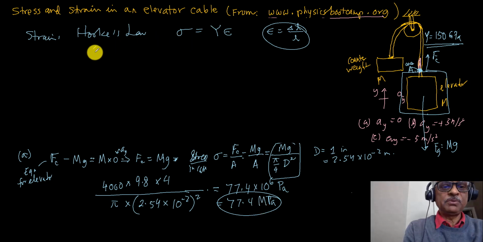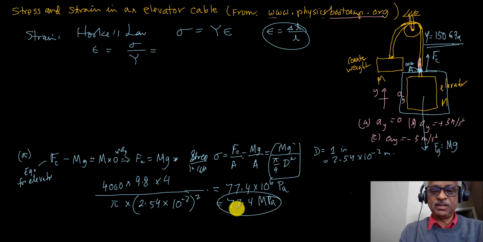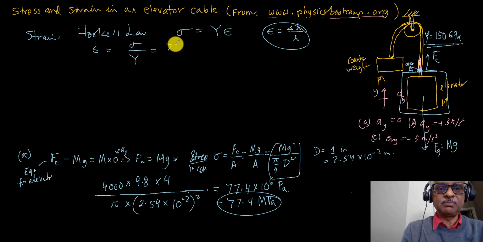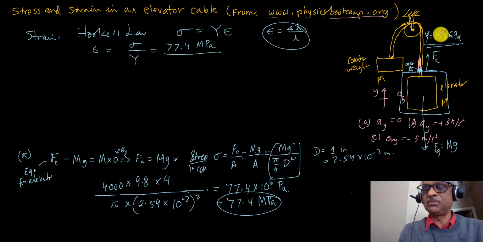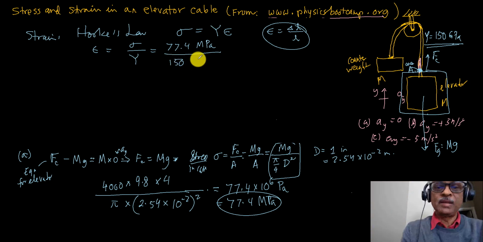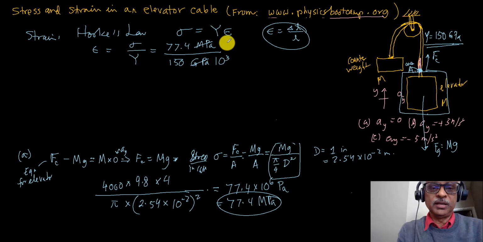So epsilon would simply be sigma over Y, where sigma is 77.4 megapascal and this one is 150 gigapascal, which is 10 to the power 3 larger. And so you can see it's roughly half times 10 to the power minus 3.